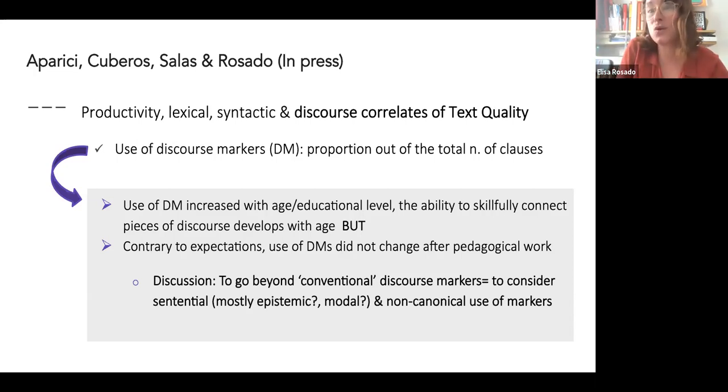We started with those, and also analyzed syntactic connectivity at the level of the sentence. But we soon realized that there was more to it, and that a big part of the organization of the text relies on bigger, clausal elements that are not traditionally considered discourse markers, right?